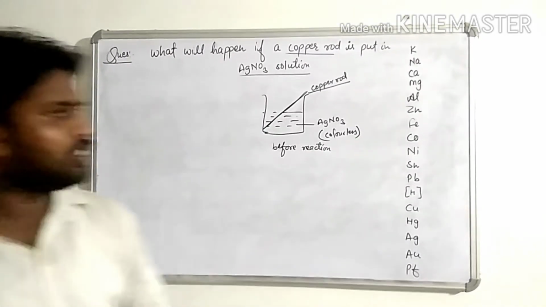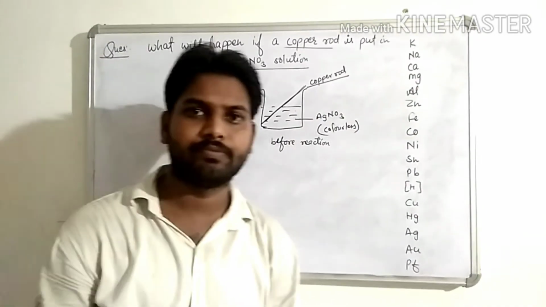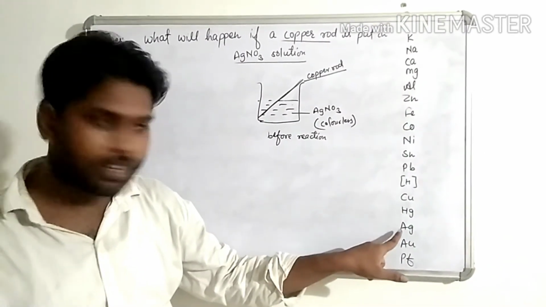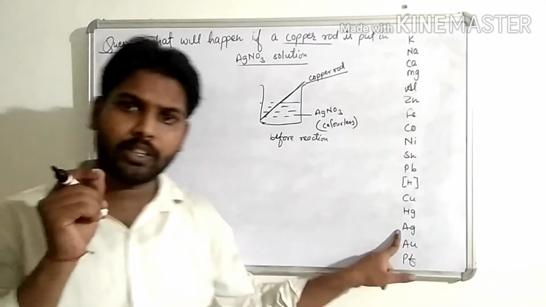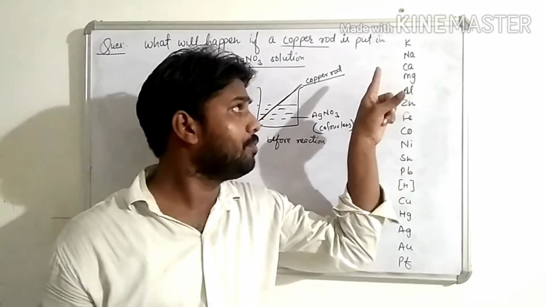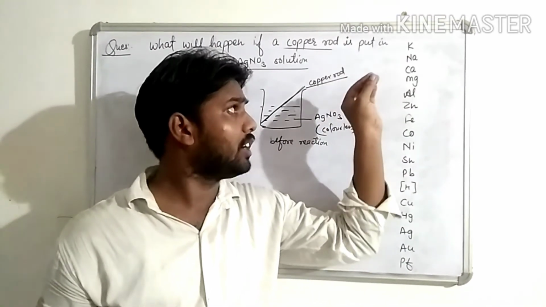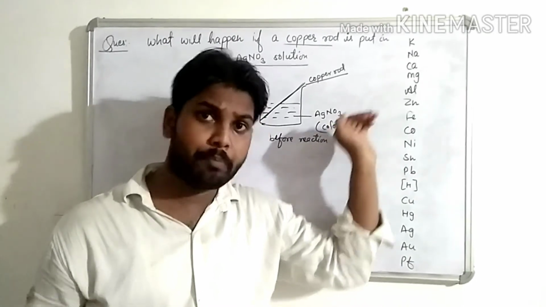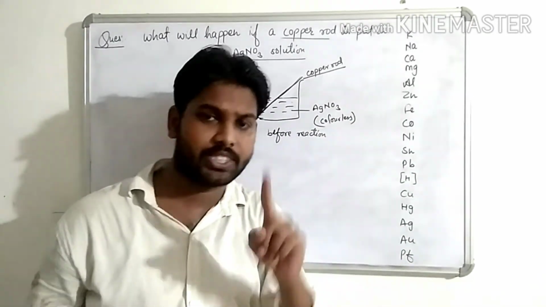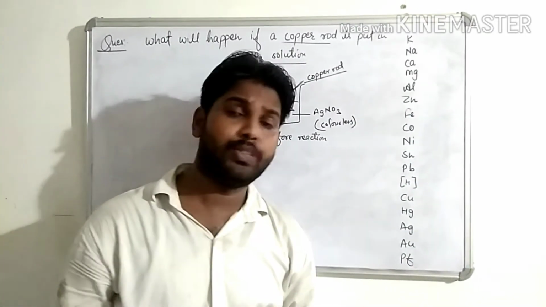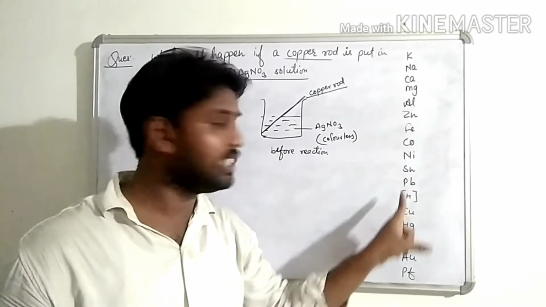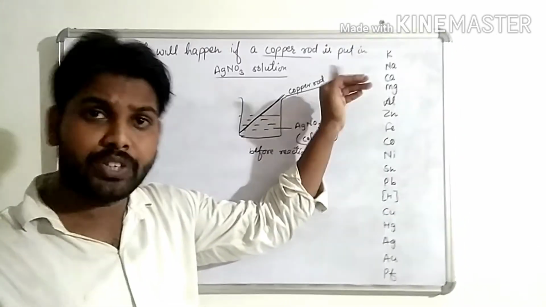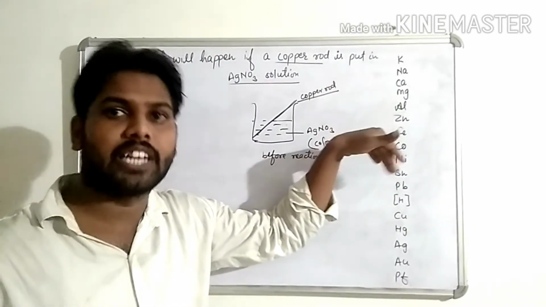Now children, you can see in the reactivity series, copper is above silver. Keep in your mind that only metals at the top of the reactivity series can displace the metals which are below in the reactivity series. Once again I repeat, only the metals at the top of the reactivity series can displace the metals below in the reactivity series.